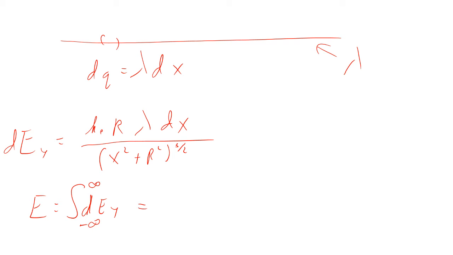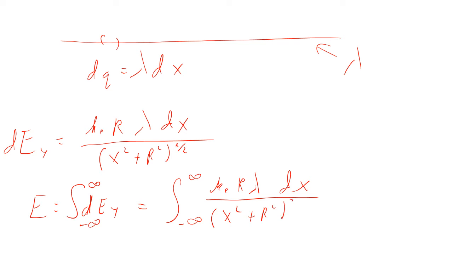So that's going to be the integral from minus infinity to infinity of K sub E R lambda dx divided by x squared plus r squared to the 3/2.